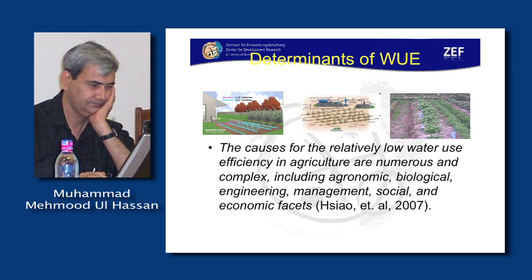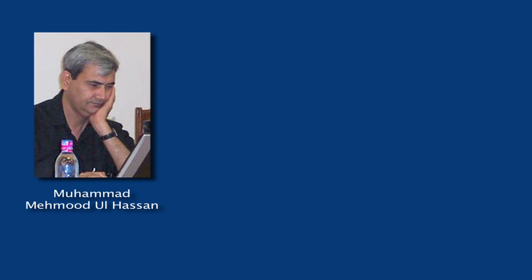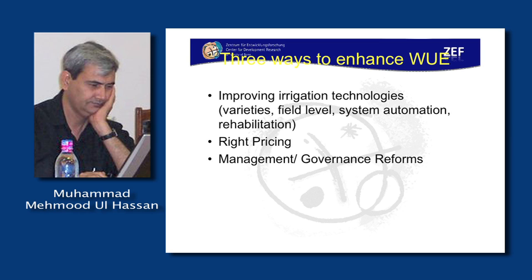Multiple causes, from agronomic, biological to social, economic and environmental. I try to group them in 3 areas. One is related to technology: technological varieties, field level techniques, drips and all kinds of systems, system automation itself, rehabilitation.